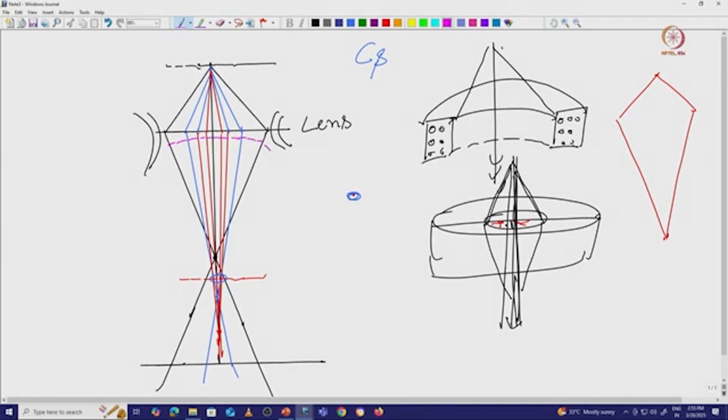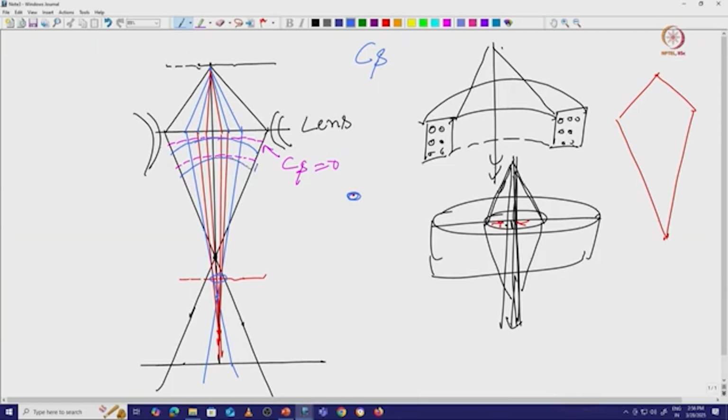In this case, we can say that when CS is 0, this is our theoretical expectation, but the actual magnetic field is going like this.